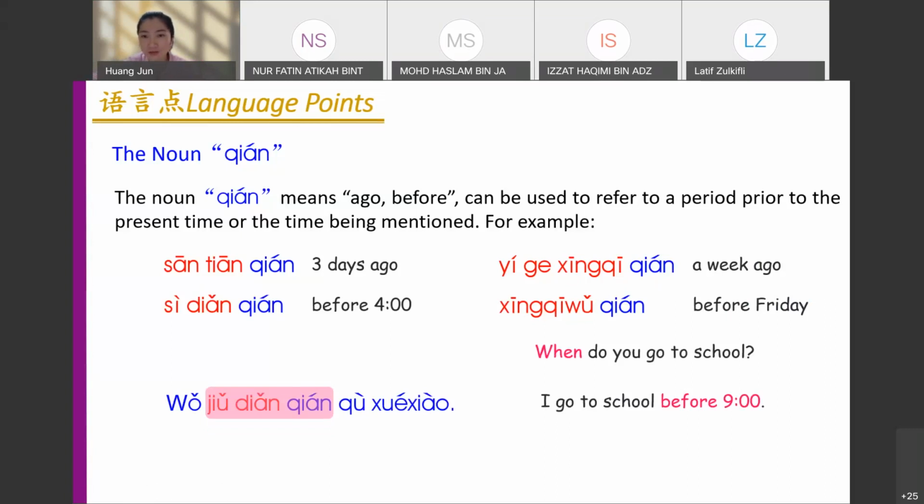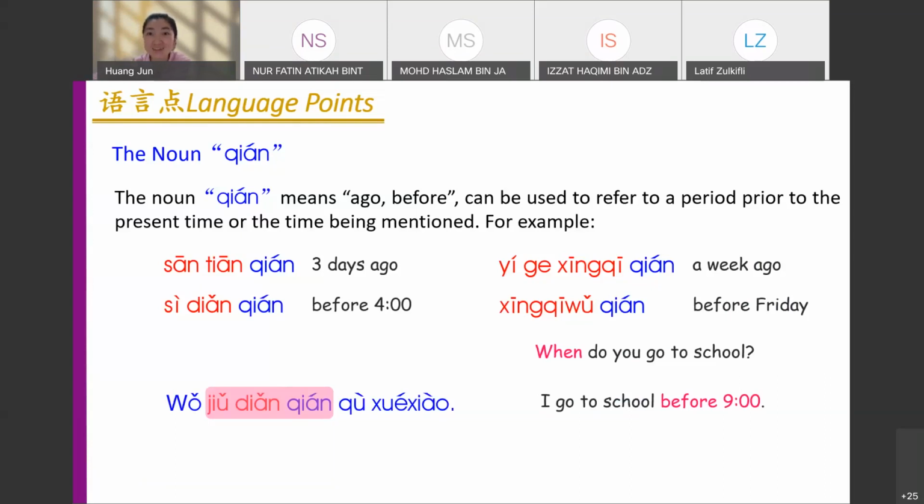Then continue. Here 9点前 is the time. So if we ask when do you go to school, in your book, did you find which word means when? Check your book quickly.